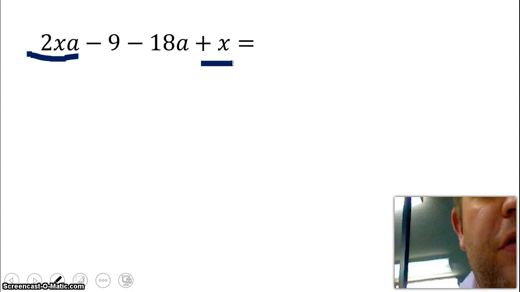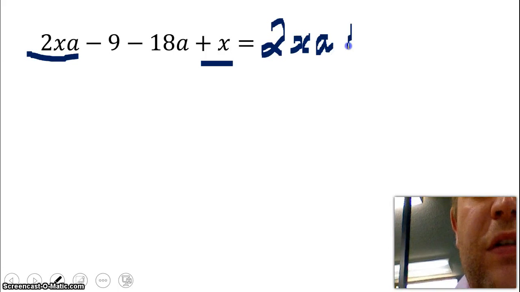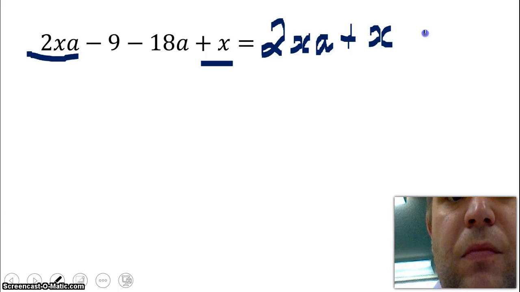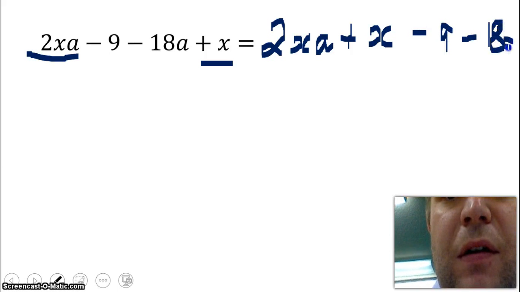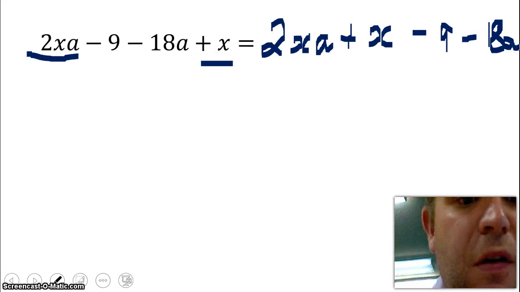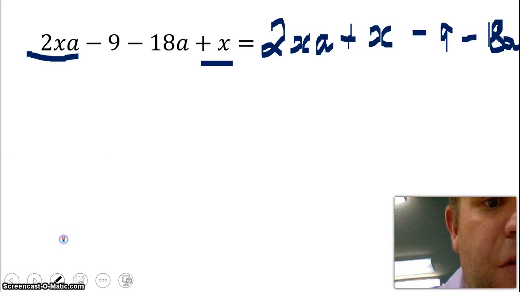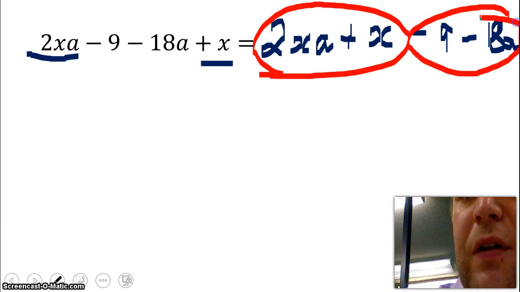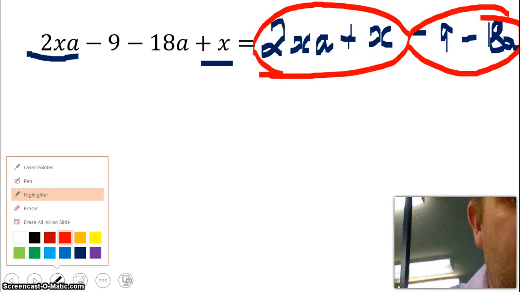So I'm going to rewrite it in the order that I want it to be in: xa plus x minus 9 minus 18a. Looking at it now, I should be able to see I'm going to group that part and that part together. Let's go through and do my two groupings.